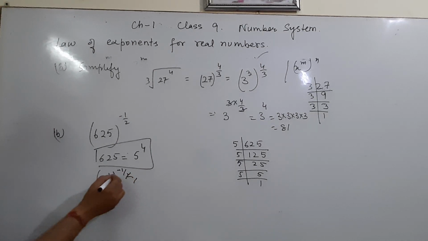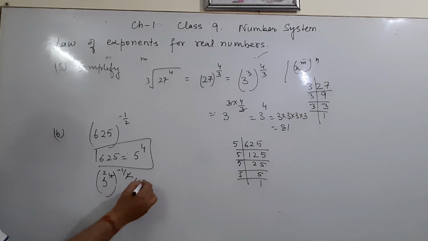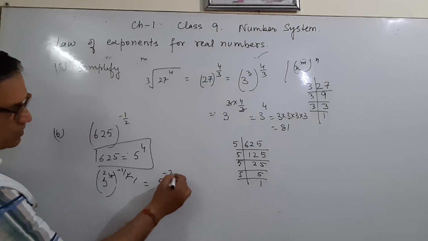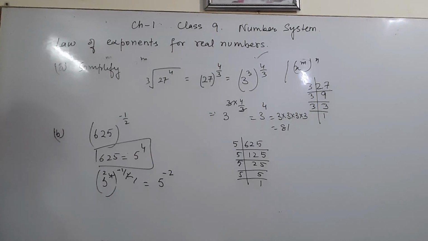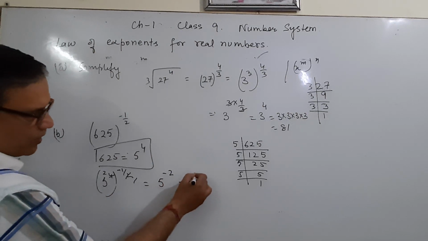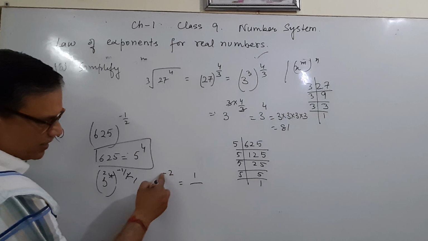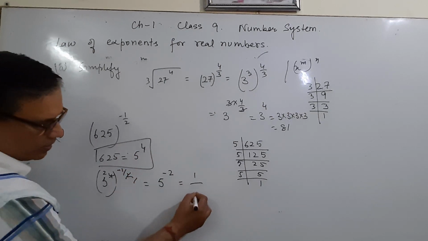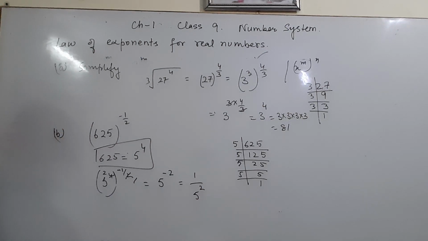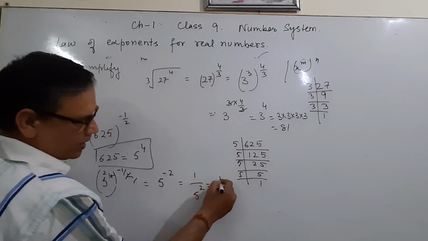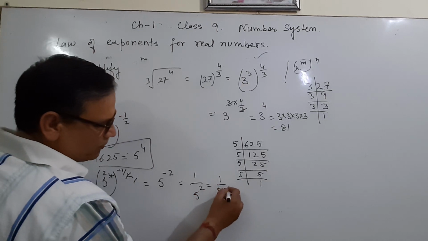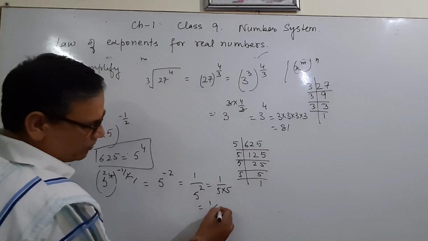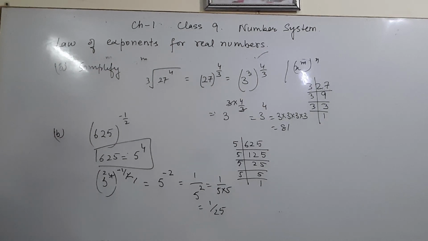This 2 and this 2 cancel, and this 2 is multiplied to minus 1. 5 power minus 2, and this will be 1 upon 5. This minus becomes plus when it transfers to the denominator, 5 power 2, and then we multiply 2 times. 1 upon 5 into 5 is equal to 1 upon 25. It is your answer. Please check it again.